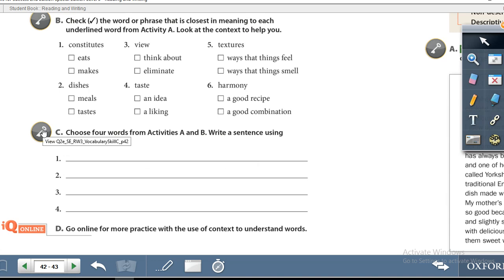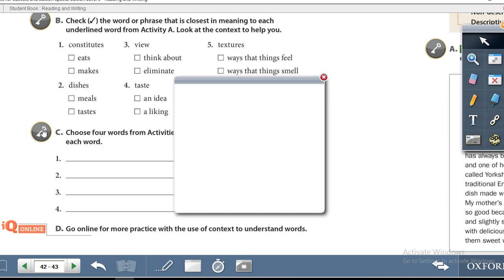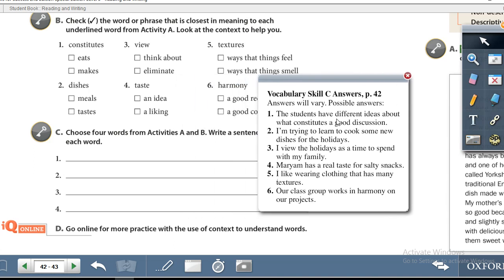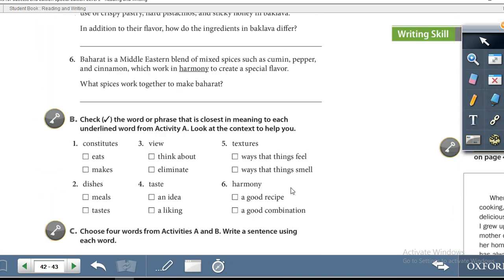Let's look at the answer key, use it as an example. So this is the answer key that they have provided, right? Answers will vary. You do not have to use these answers in this particular order. You can obviously use your own words from here or from the previous exercise, and you can simply make a sentence with the word that you have chosen. Right, so that wraps up unit number 2.